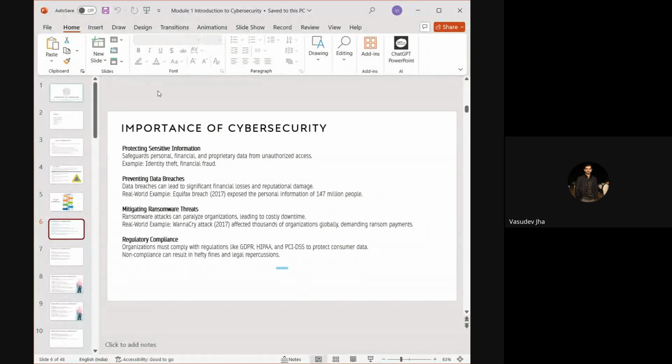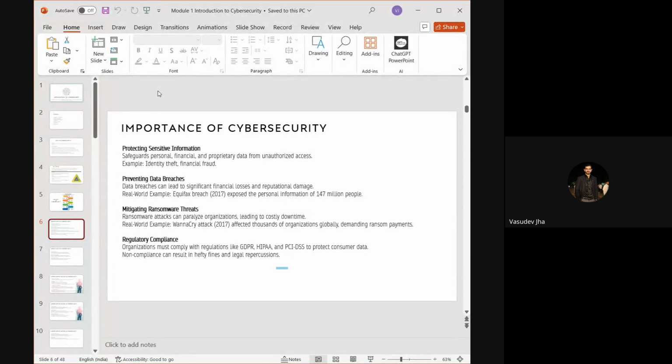Now, whenever a data breach or a cyber attack happens, the first thing we are losing is the trust of our consumers or our clients, right? Now, when the consumer or client has a trust issue, what will they do? They will start finding some other solutions for their requirement. So there is a bad image in the market that this specific organization is not able to provide a good service.